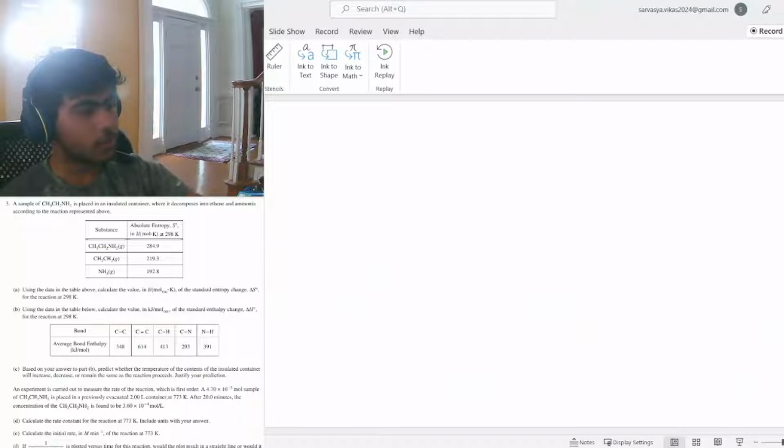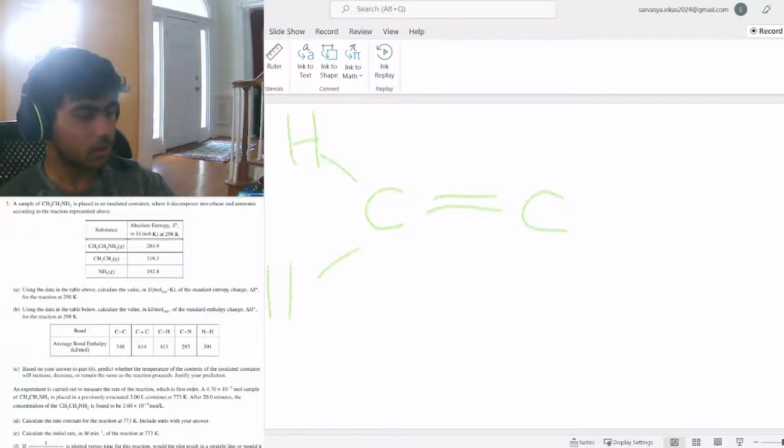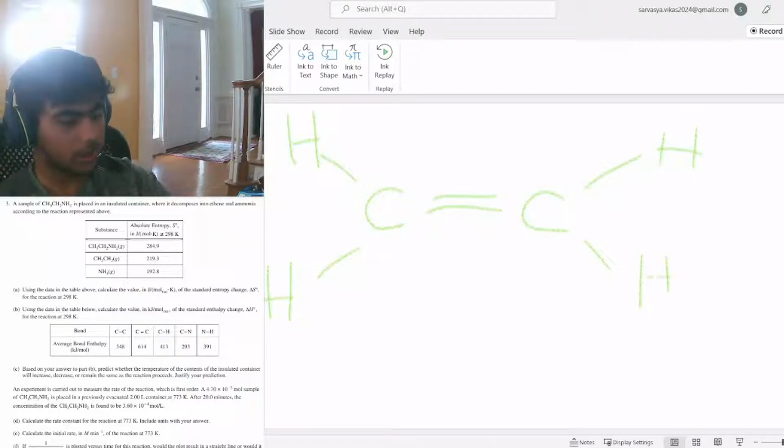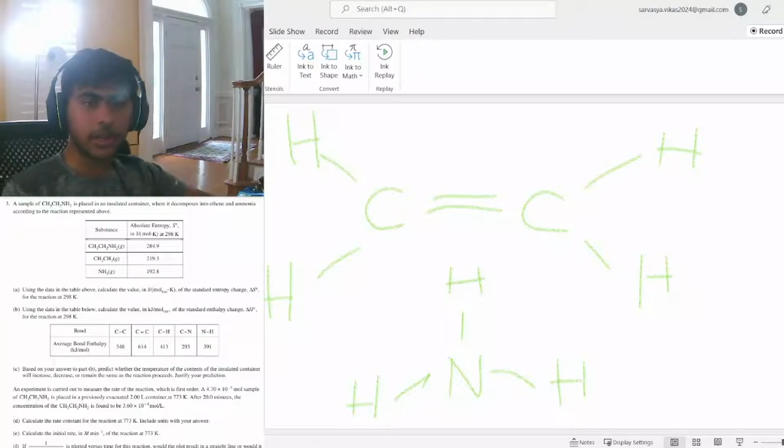And then for the ethene and the ammonia, we have two C's with a double bond, and then H and H, and we have NH3, or ammonia. I'm not going to write out the electron pairs on the nitrogen because we really don't need them right now.